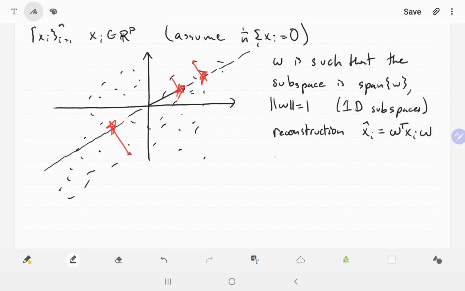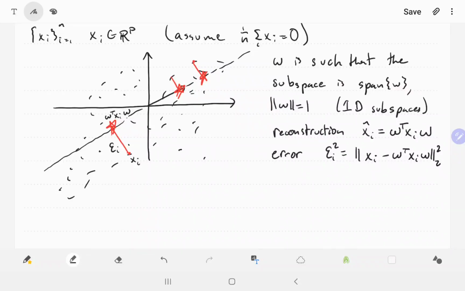Then we can think about the error of this reconstruction. Epsilon i squared is the 2 norm of xi minus xi hat, which is xi minus w transpose xi w, 2 norm squared. So we're choosing the Euclidean squared distance as our error, the square of the size of this residual. This residual is of size epsilon i, and this point here is our w transpose xi w, and this is our xi.